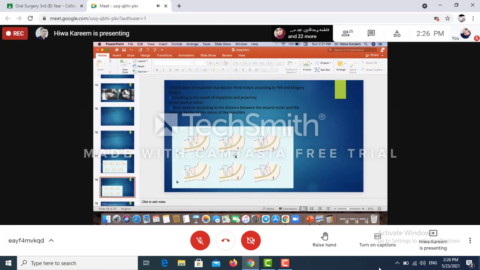We have two types of classification: the first according to the depth, and the second according to the distance between the second molar and anterior border of the ramus. Now I explain for you in detail.